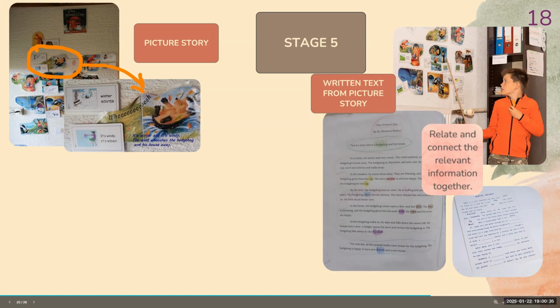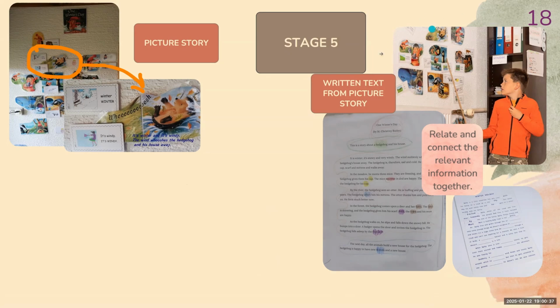So the next step, once they know how to read the picture story, is to put the same picture story into the text. And it is also divided so that it has the title, the introduction, the body part, the conclusion, and that it is divided by paragraphs.